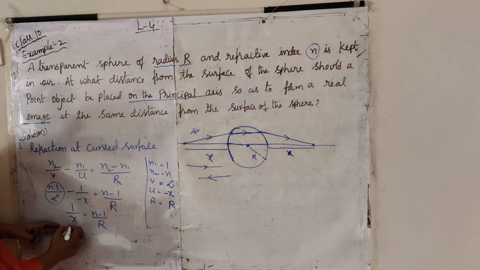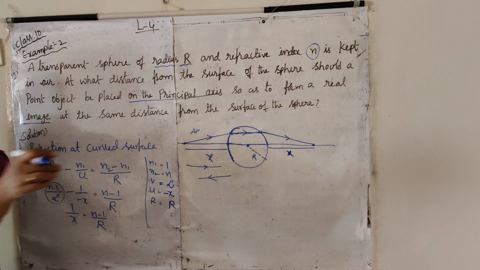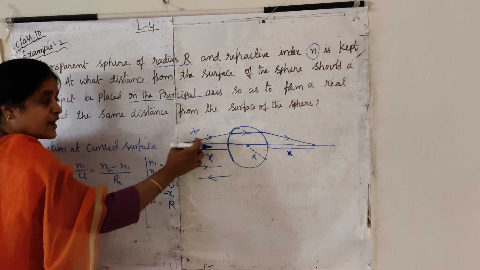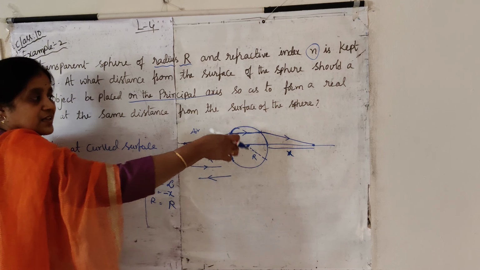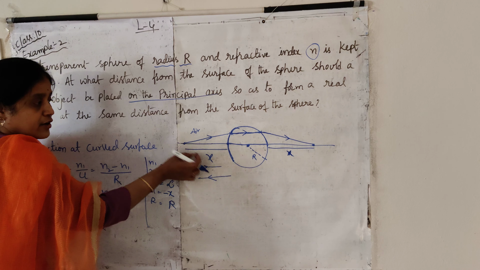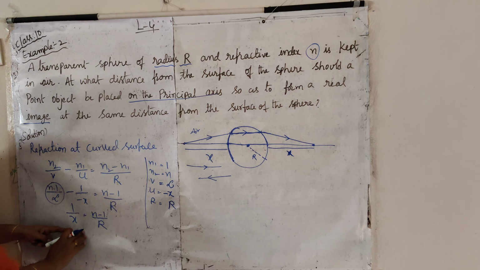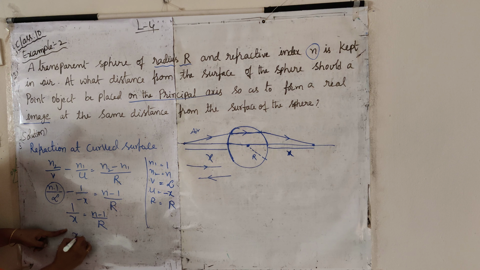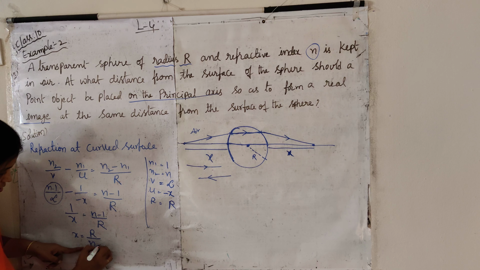So here when you want to find out at what distance, if you place an object, you will get the image at the same distance, you have to find out what is x value. So here I will find out the x value. x means reverse it. Then x is equal to R by n minus 1.